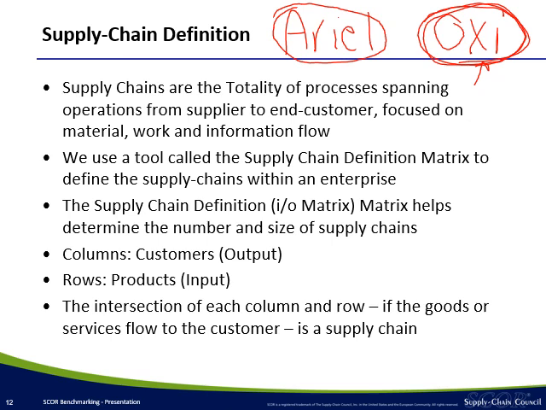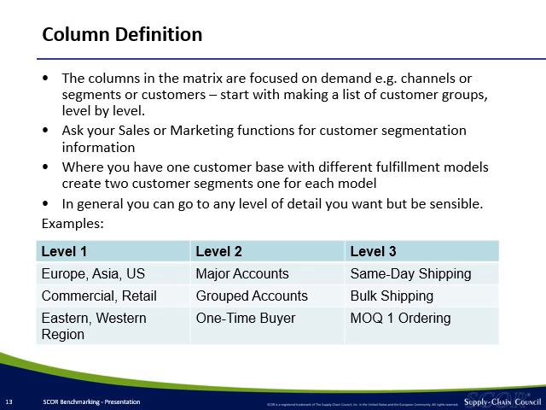So what we're going to do is form a matrix. A matrix is a table like that. In the columns, we have the output. In the rows, we have the input. Let's have a look here. In the column part, we divide into different groups.